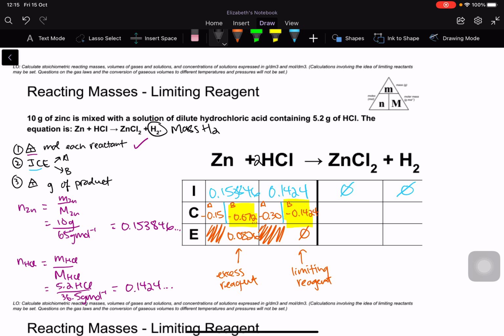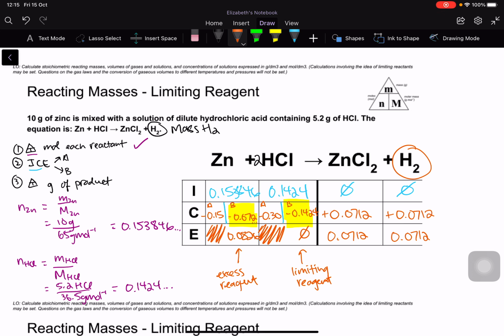Ignore situation A. According to situation B, we use 0.07 moles of zinc and 0.14 moles of HCl because it's a 1-to-2 ratio. To produce H2, we're going to be producing 0.07 moles of H2 because of the ratio. Same thing with this. So we know in the end, that's how many moles of H2 we have.